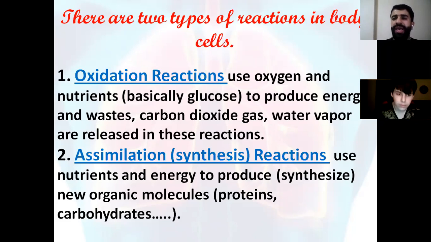Assimilation reaction uses nutrients and energy to synthesize new organic molecules like proteins, carbohydrates, and others. That's why it's called synthesis, because it uses nutrients and energy to produce new organic molecules like proteins and carbohydrates. This is all the notes related to the reactions.